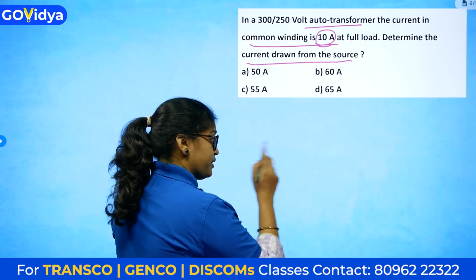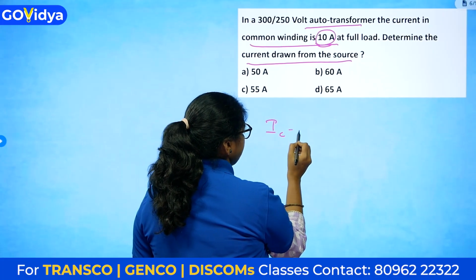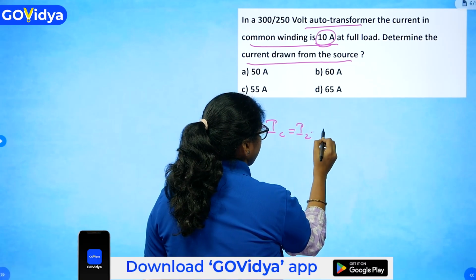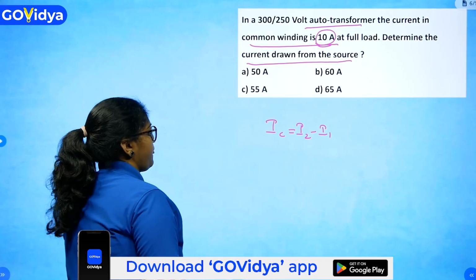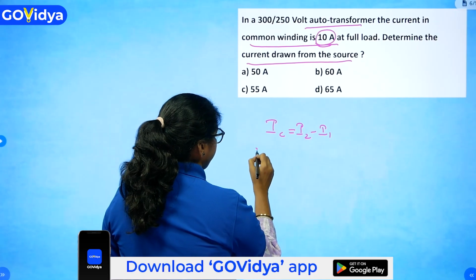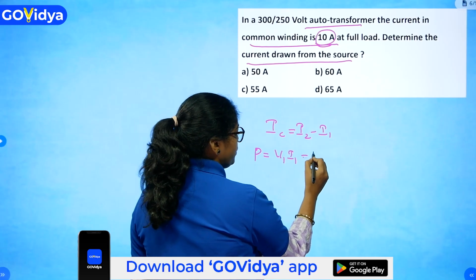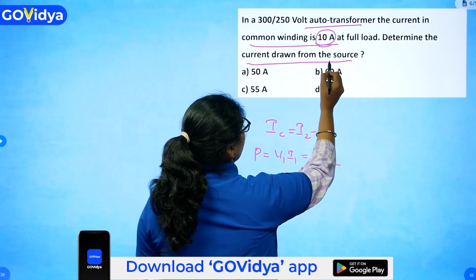So from that relation we can write that the common winding current IC will be shared by both the primary and the secondary. I can write I2 minus I1. So we know the power equation P is equal to V1 I1 is equal to V2 I2. We have to calculate the current drawn from the source.